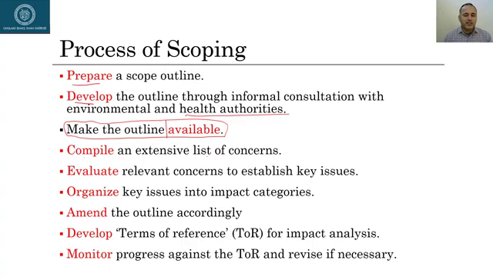Compile an extensive list of concerns. So this is like a brainstorming stage where you compile an extensive list of concerns. You evaluate relevant concerns to establish key issues. The evaluation part is more of an analytical step where we analyze all the concerns and then we identify the key issues.